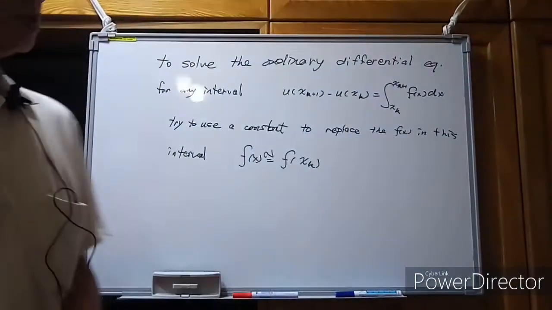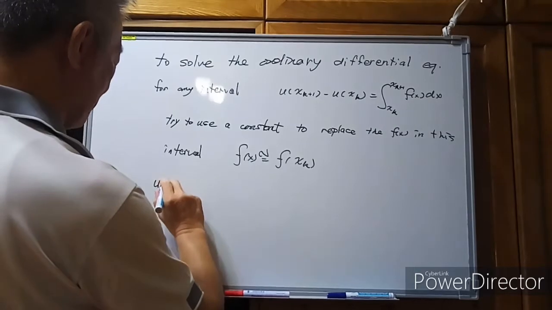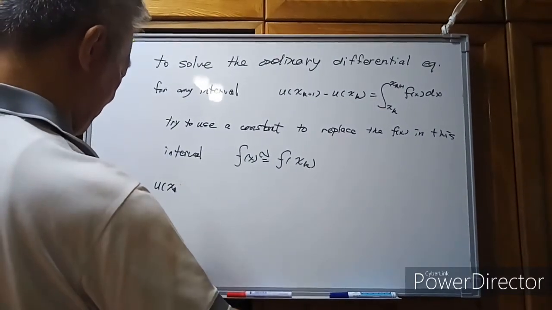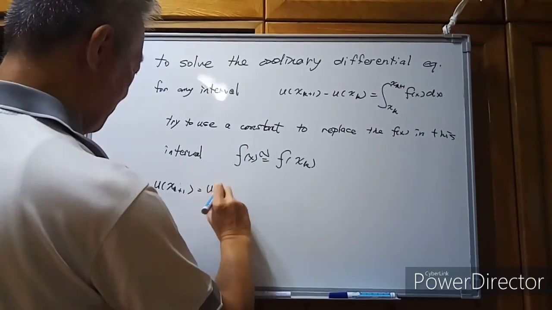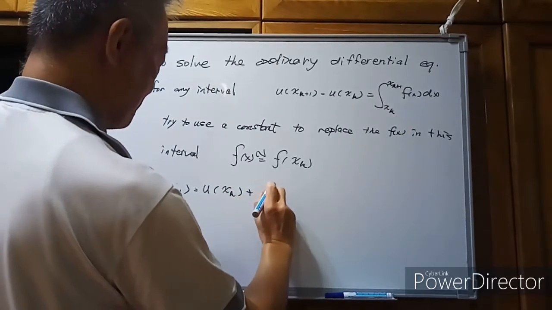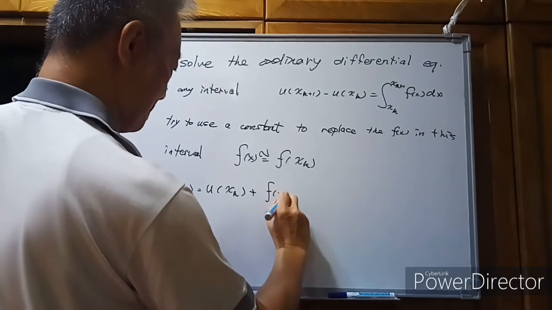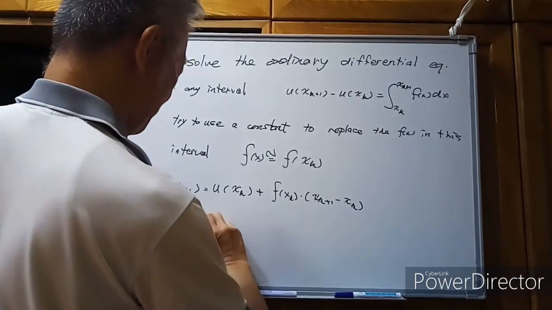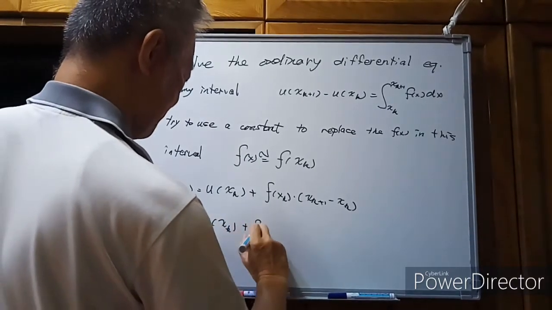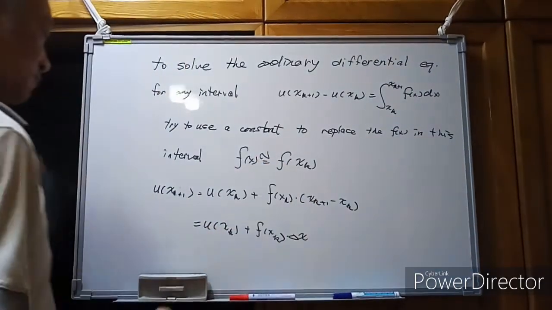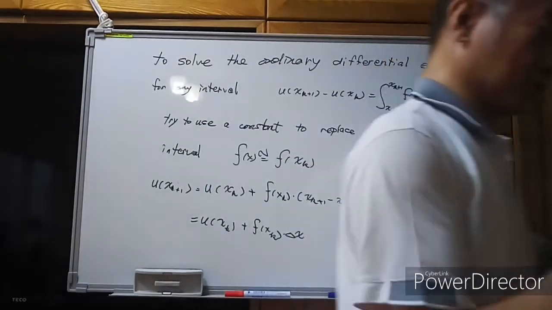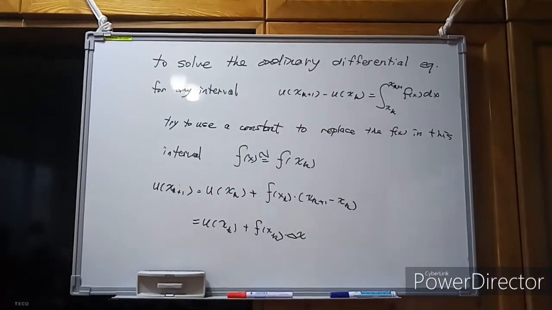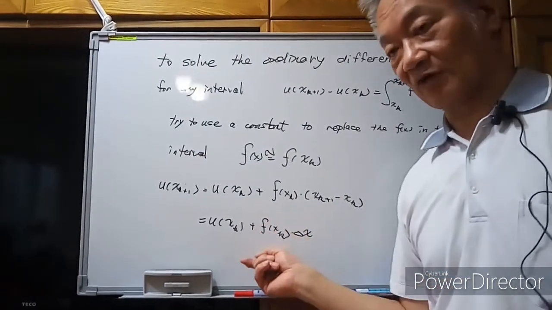If we use these approximations, then in this way we can solve the u of xk plus 1. However, we need to know the f of xk.